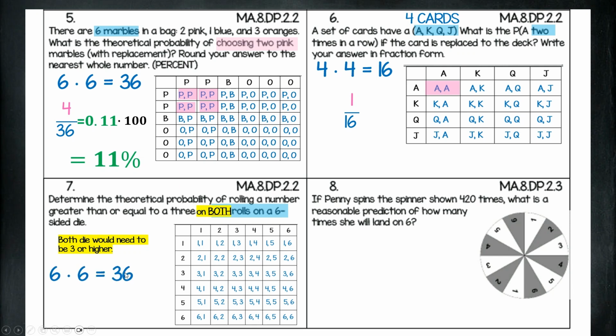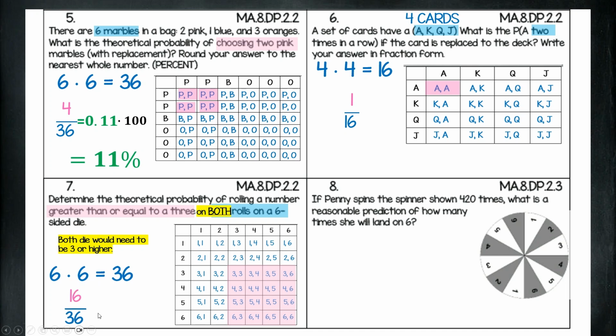So our denominator first, we have a 6-sided die, 6 times 6, 36. Well, if we're looking for the number that is greater than or equal to a 3, both rolls, that's going to be this right here. So 1, 2, 3, 4, 5, 6, 7, 8, 9, 10, 11, 12, 13, 14, 15, 16.